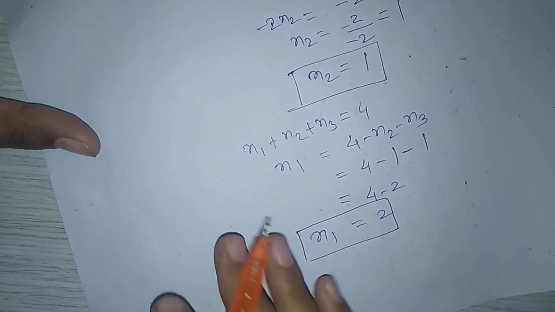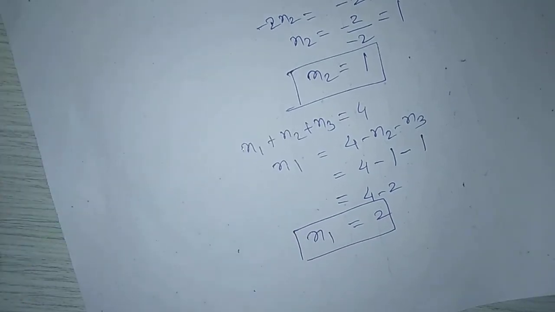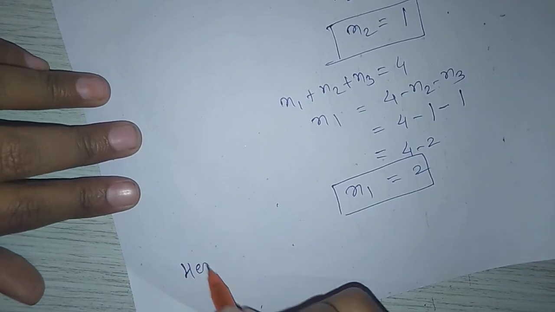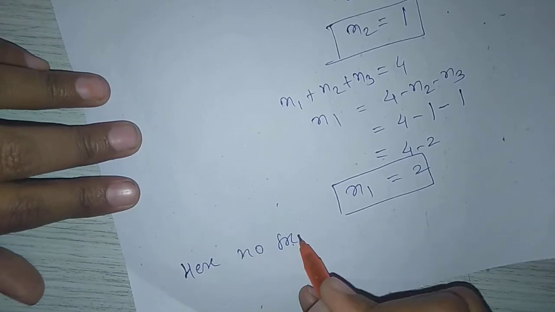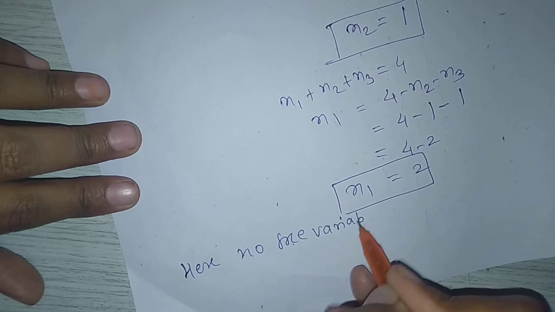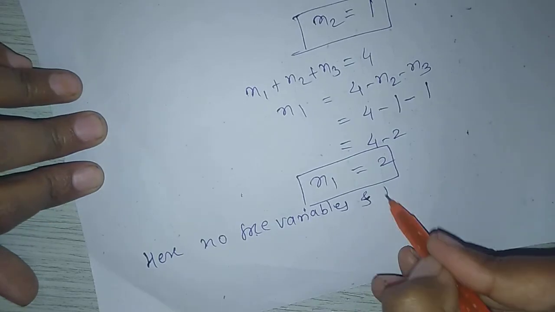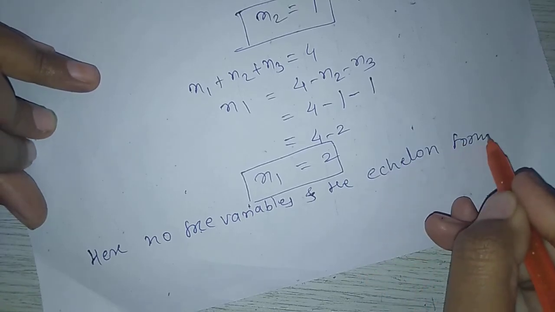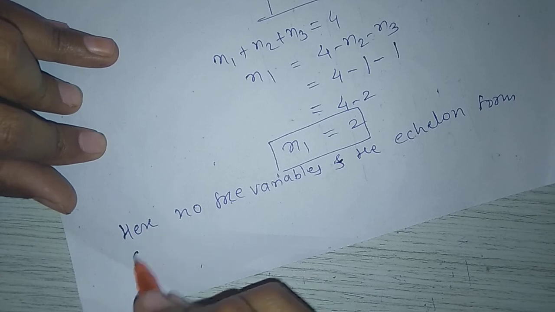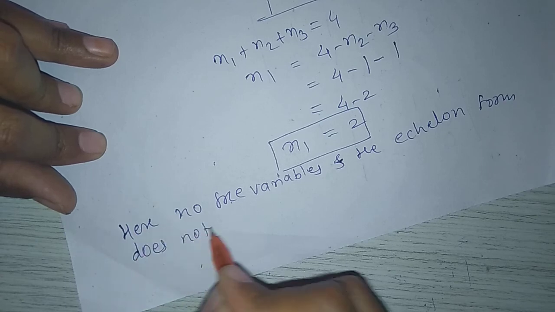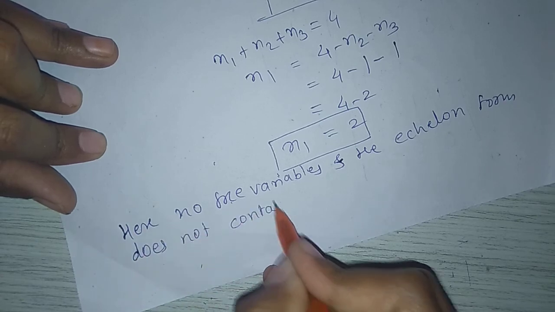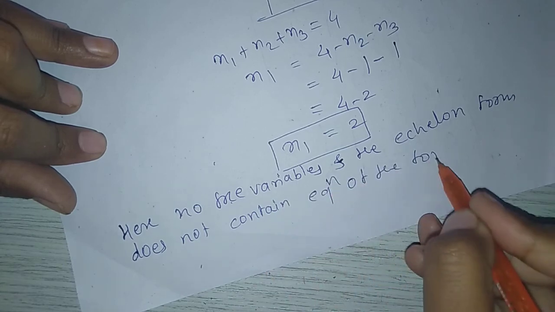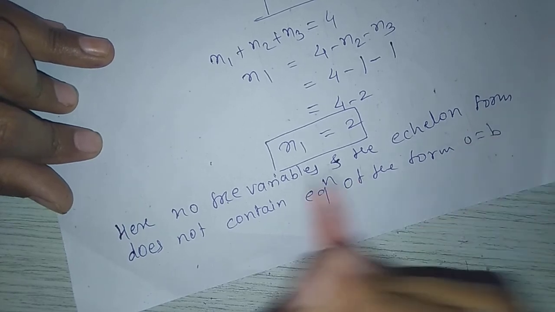Here there are no free variables and the echelon form does not contain an equation of the form 0 equal to b.